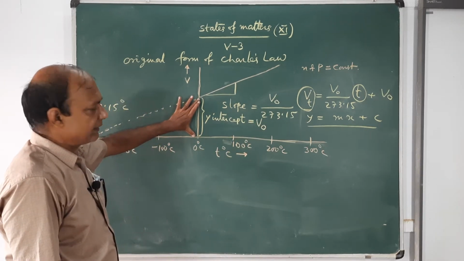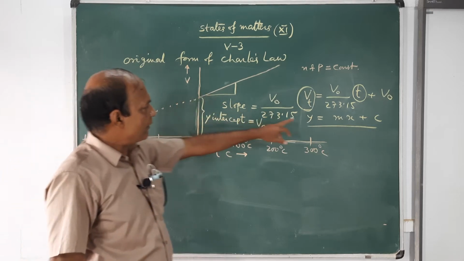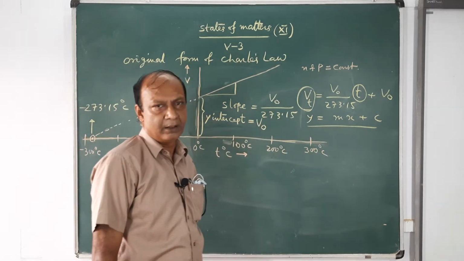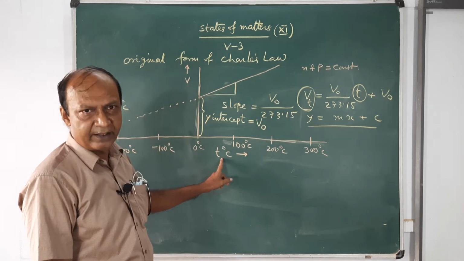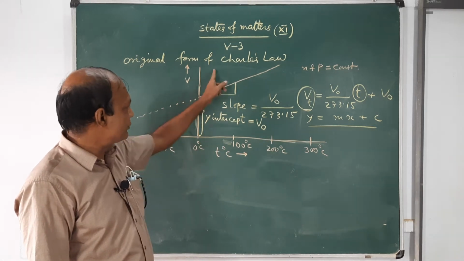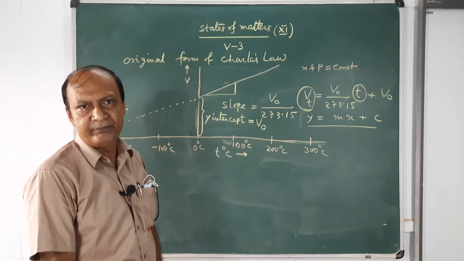V0 means the volume of the gas at 0 degree centigrade. This y equals mx plus c type of graph, volume versus temperature in centigrade, according to Charles' law, is presented before you.